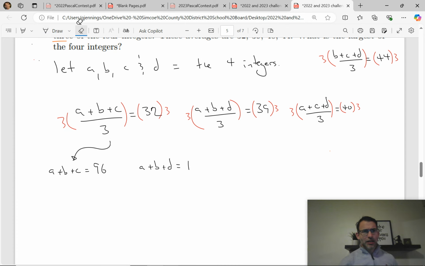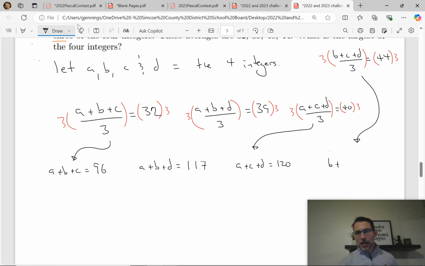Really? That's big. 117. Yeah, that's right. And then A plus C plus D equals 120. And then down here, B plus C plus D equals, remember that is a 132.